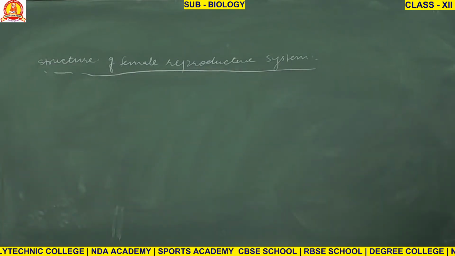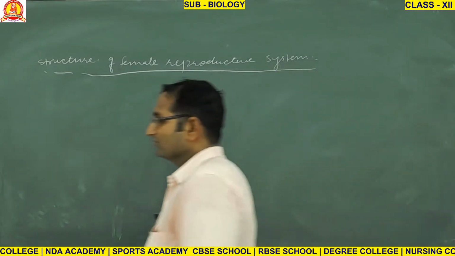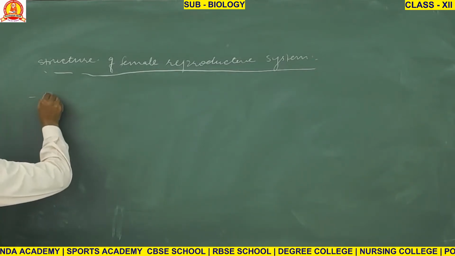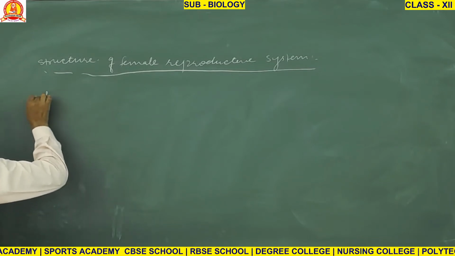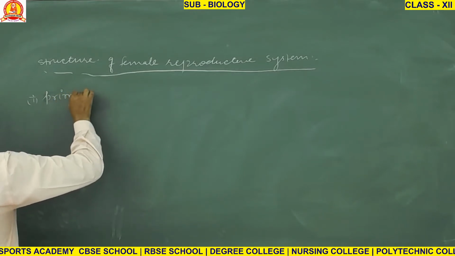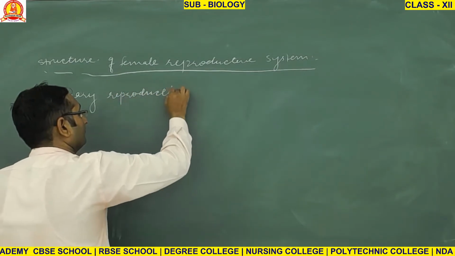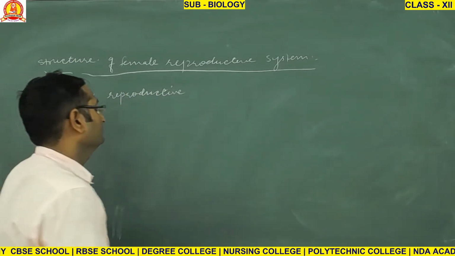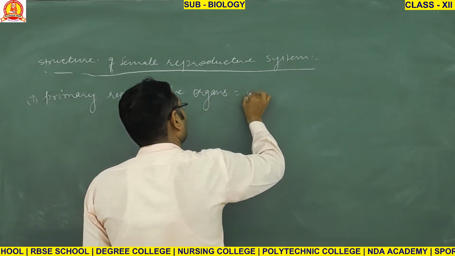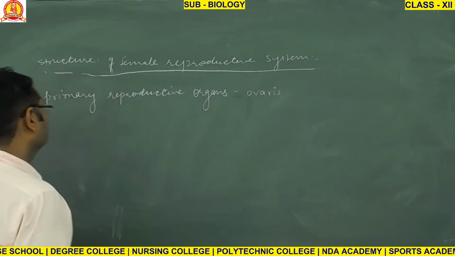First of all, primary reproductive organs are ovaries.